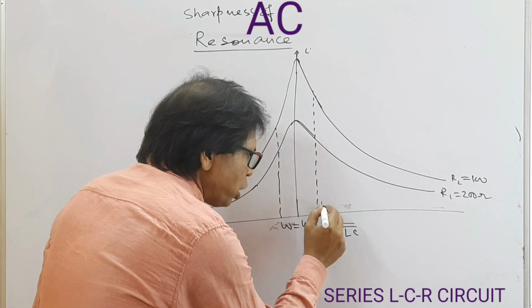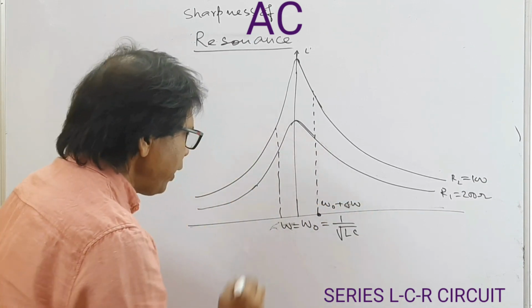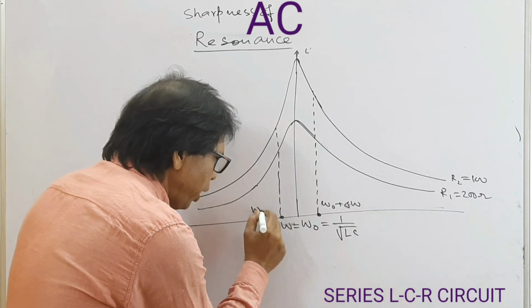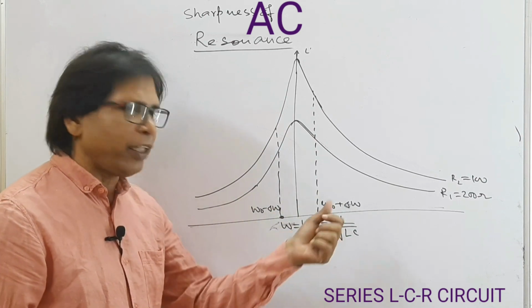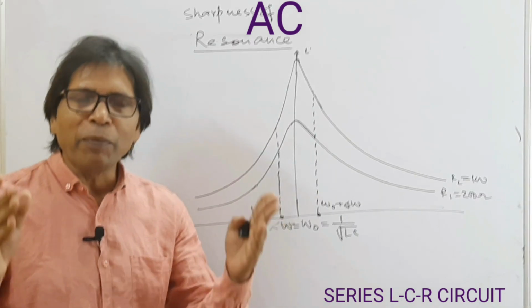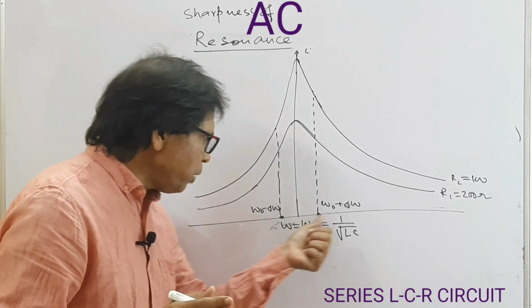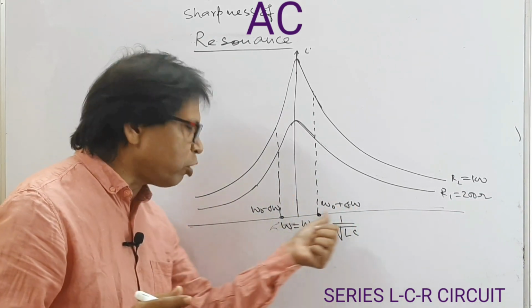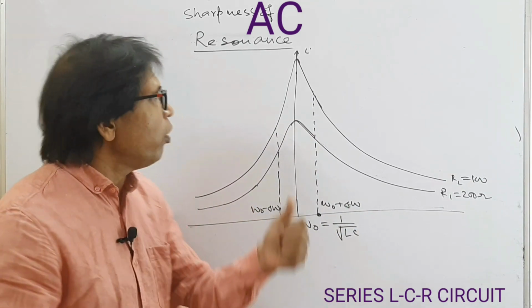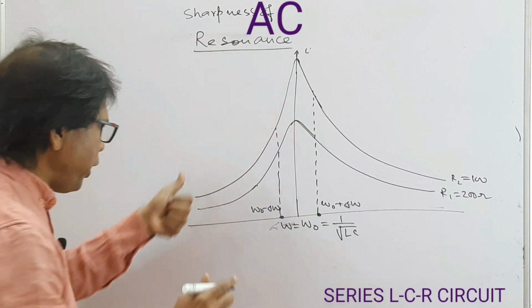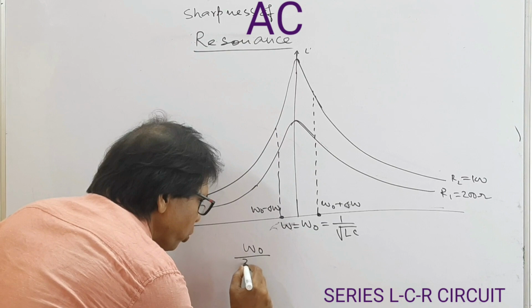Suppose these frequencies are omega naught plus delta omega and omega naught minus delta omega. At these two frequencies the power becomes half of the maximum power. Then this difference of frequency is called bandwidth.